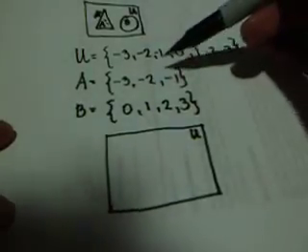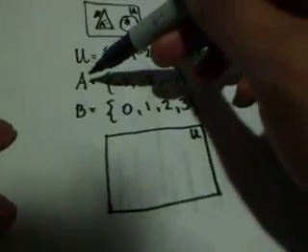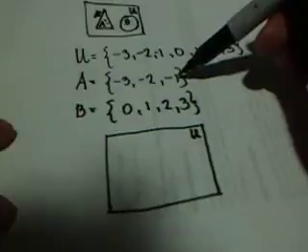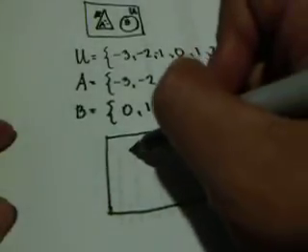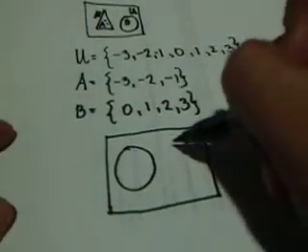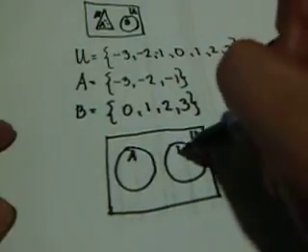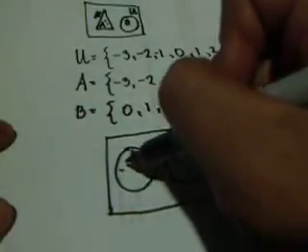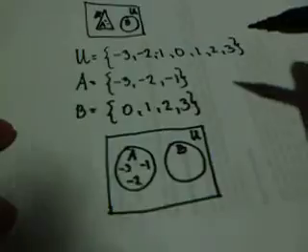We can say that the elements of A are only the elements of A. The elements of A we cannot find in the elements of B, and the same goes for B to A. So we can make a Venn diagram this way, wherein if this is A and this is B, list all the elements of A: negative 3, negative 2, and negative 1.